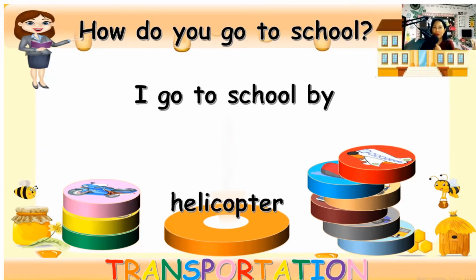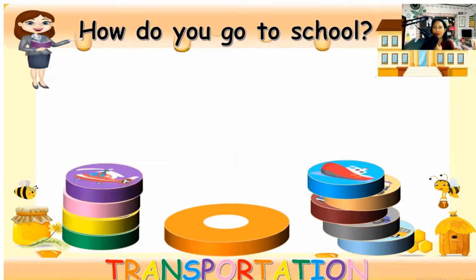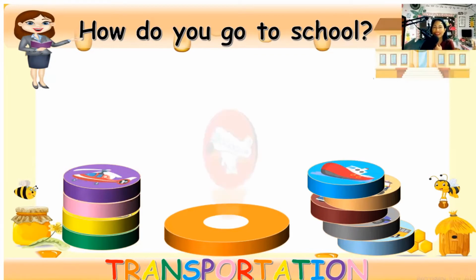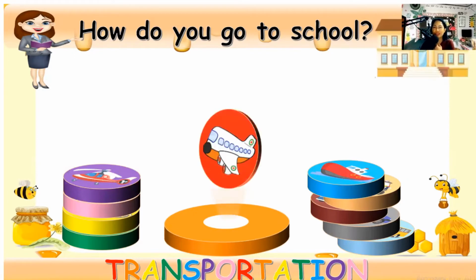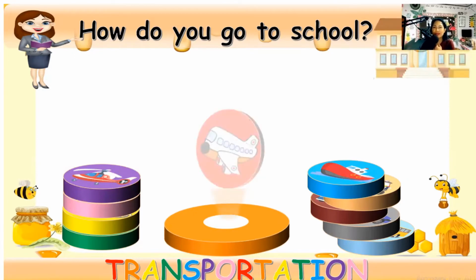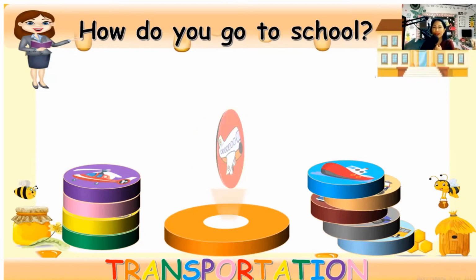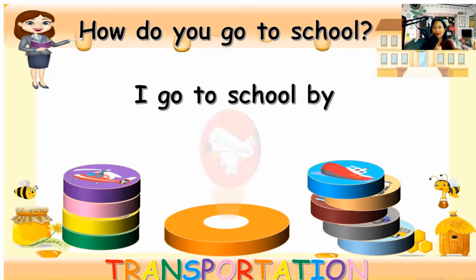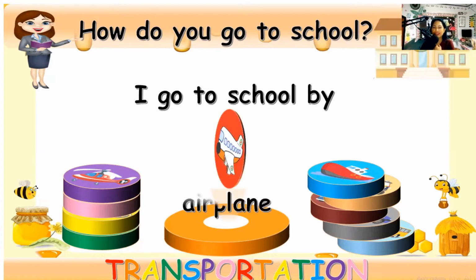You're super rich, yes, you can afford to go to school using the helicopter. How do you go to school? Oh wow, another means of transportation for the rich. It means you have so much money that you can afford to pay for the airplane. But anyway, I go to school by airplane.